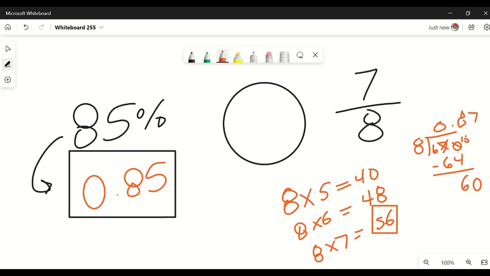So 8 times 7 is 56. When I subtract, I'll get 4 left over once I borrow here. And then 8 will not go into 4, bring down a 0. 8 goes into 40 5 times. Therefore, this actually becomes 0.875. There we go.